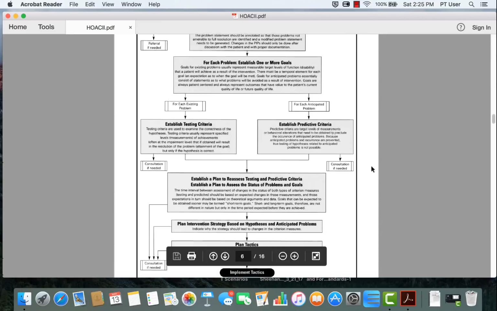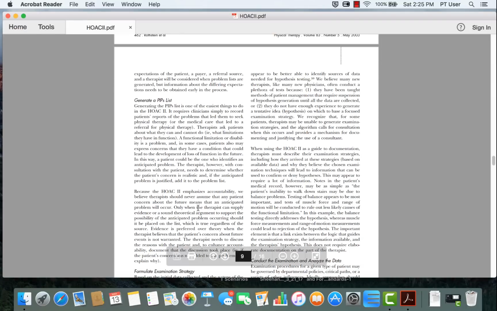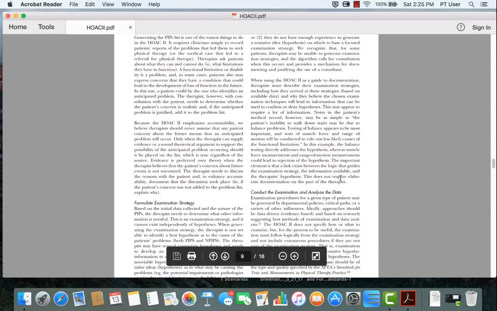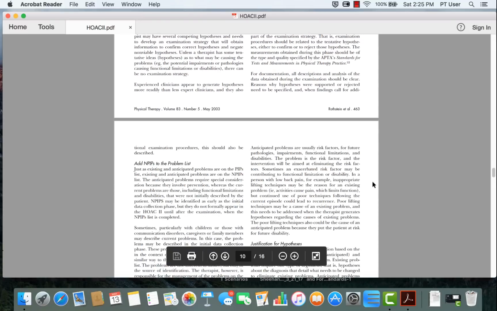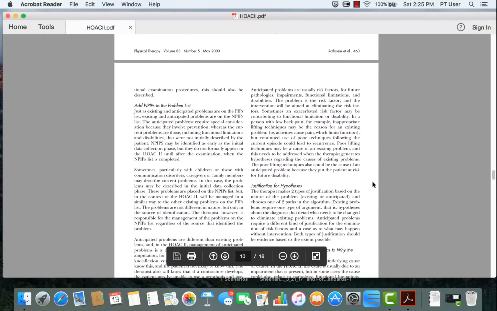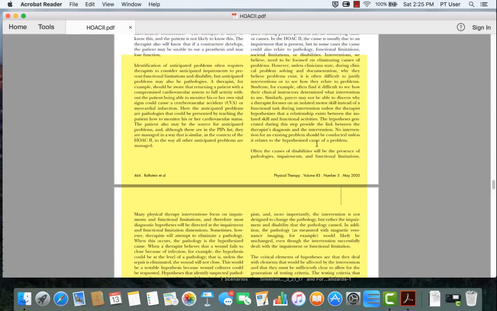And then I'm going to pass these figures here. Generating a PIP list, formulating your exam strategy, conducting and analyzing data, NPIPs, and then generating your hypotheses.